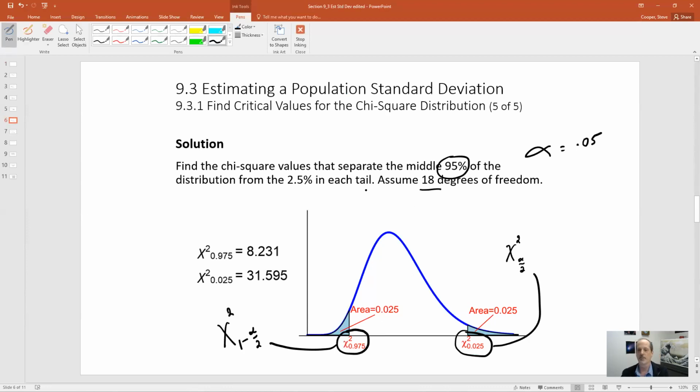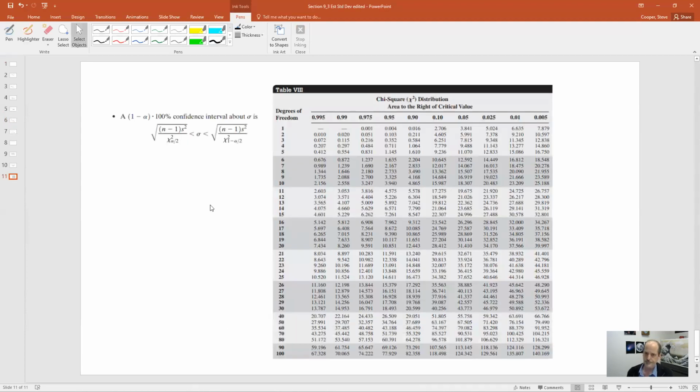Who cares? They just told us to use it, so we're going to follow their instructions. So with 18 degrees of freedom, if I do chi-square of 0.025, yellow please. Okay, so there's 0.025 and chi-square at 18 degrees of freedom is 31.526.